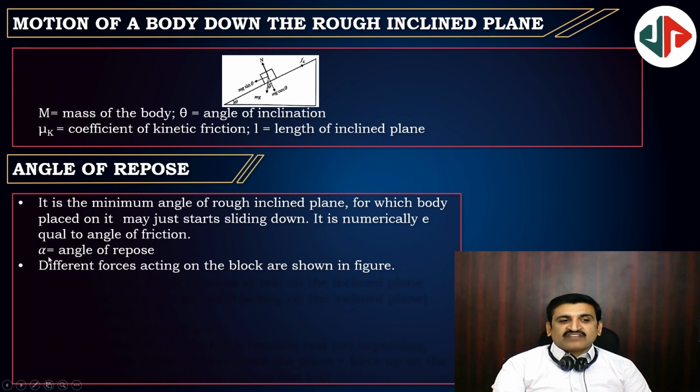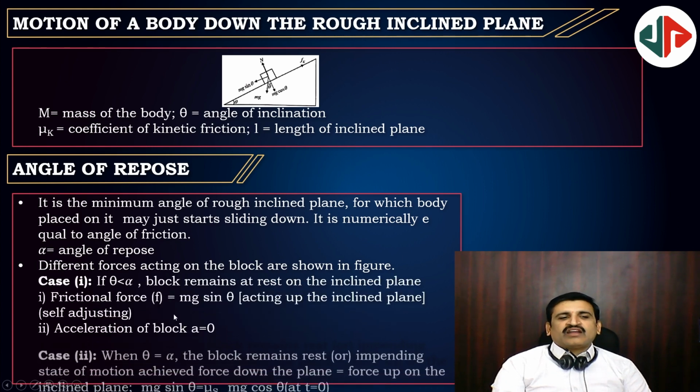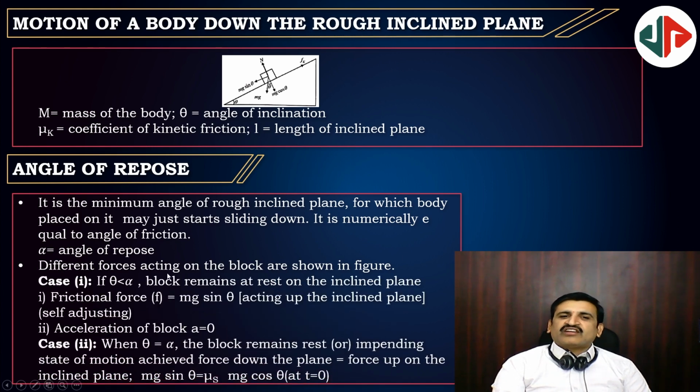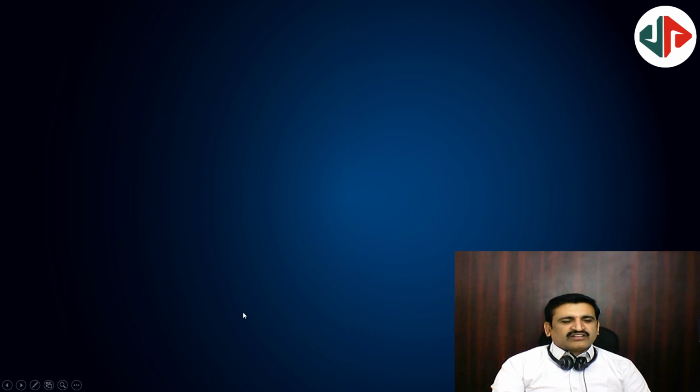We'll call it alpha. If theta is greater than alpha, then only the body comes down. If theta equals alpha, it is ready to come, and if theta is less than alpha, it remains at rest only. In that case, friction will be the applied force only. If it starts sliding down, then the frictional force is mu N, the formula you have to use. That we will discuss.